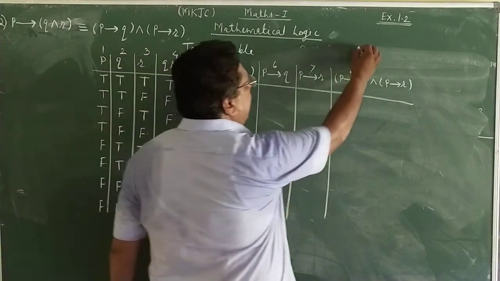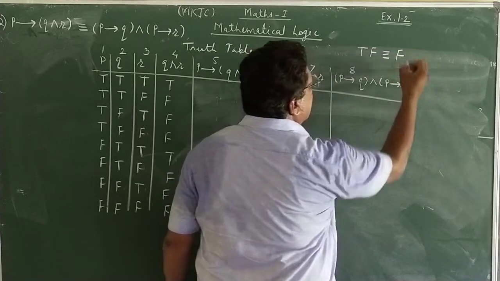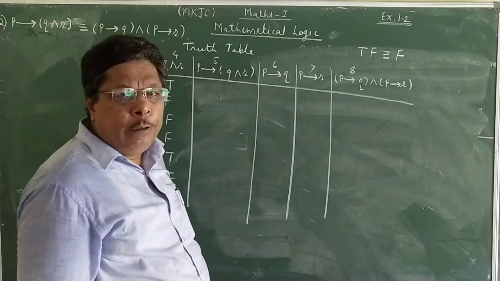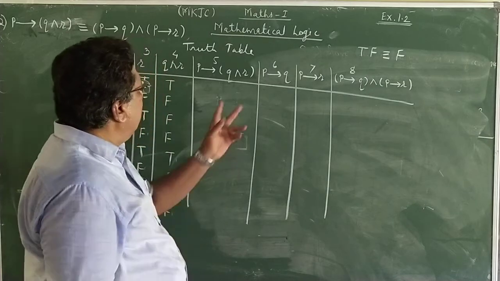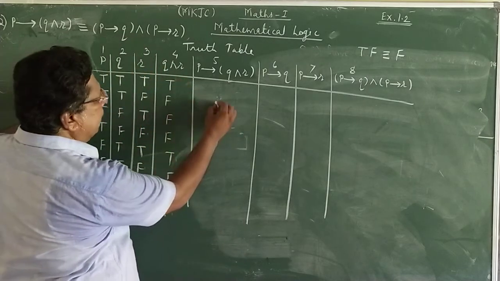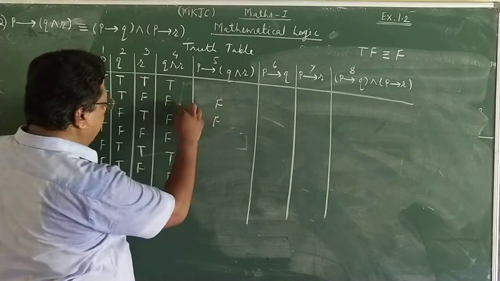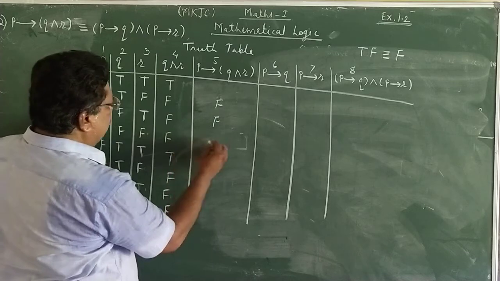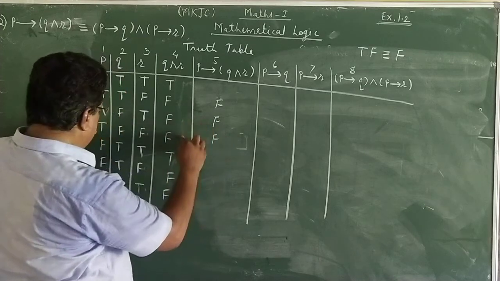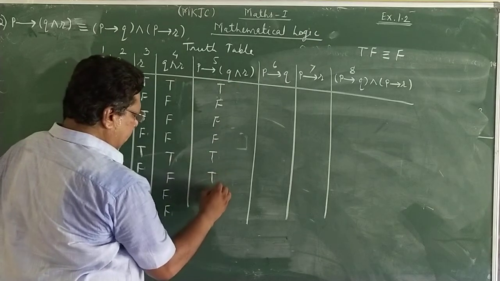It means if first is true, second is false, then their conditional is false, and in all the remaining cases it is true. Now see, P is true and this is false. This condition is satisfied in the second case. Here is also false. In the third case, this is also false. And the remaining are true.